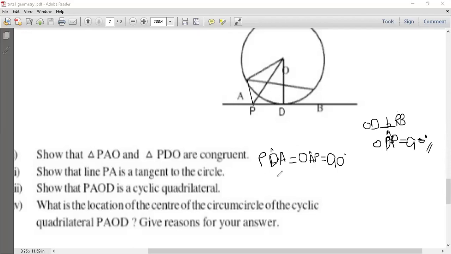So we can say that finally PA is a tangent to the circle. I will upload the answer sheet so you can see the correct answer.